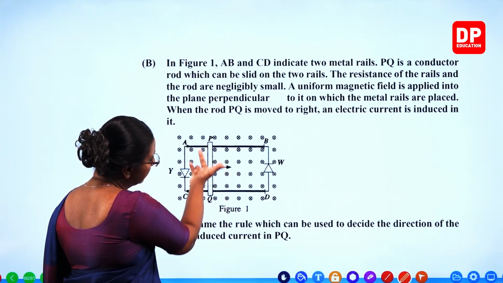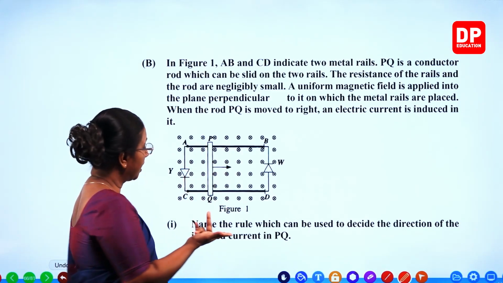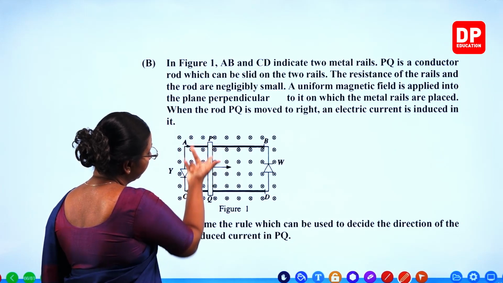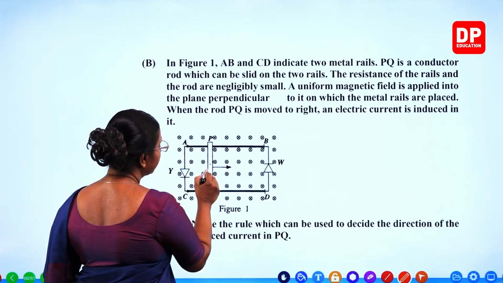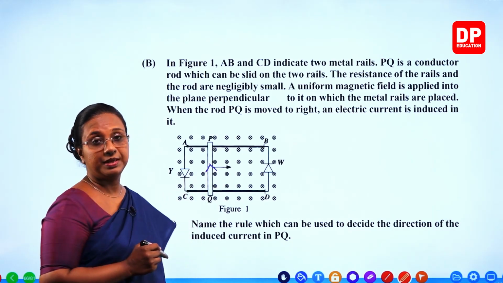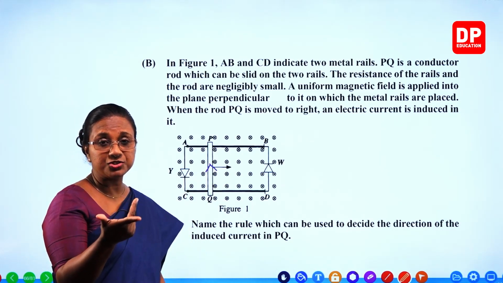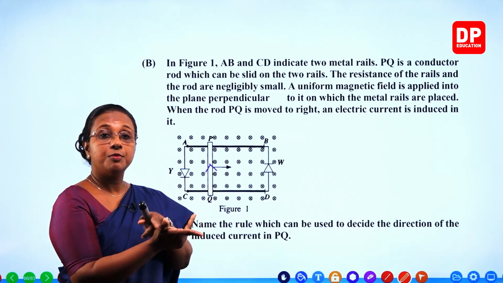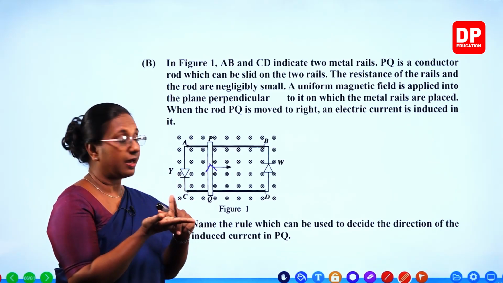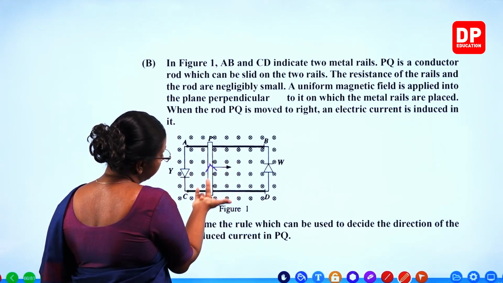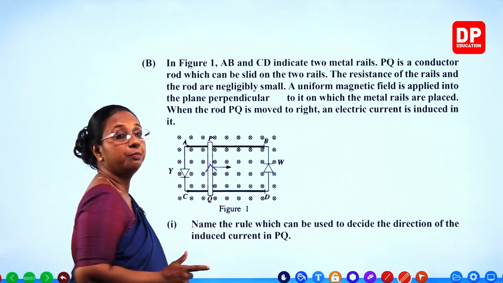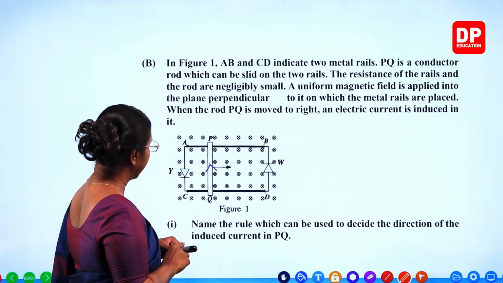So what will be the direction of the current flow? Here you can see it will flow from Q to P. Again, to demonstrate the three fingers, motion, field and current: field is inwards, motion is that way, so the current has to be up, Q to P.